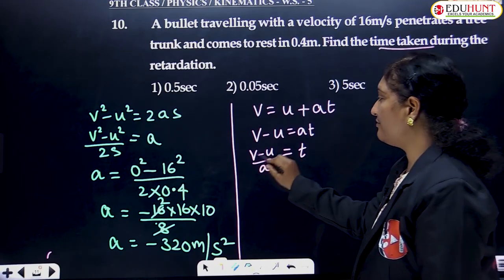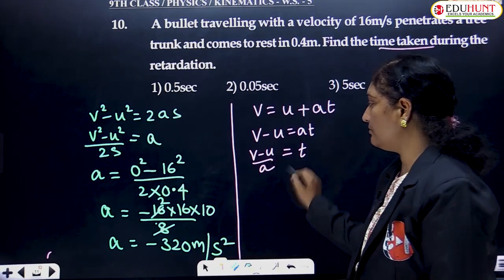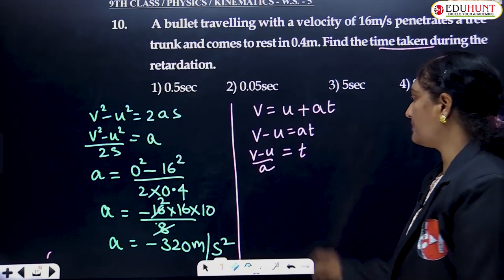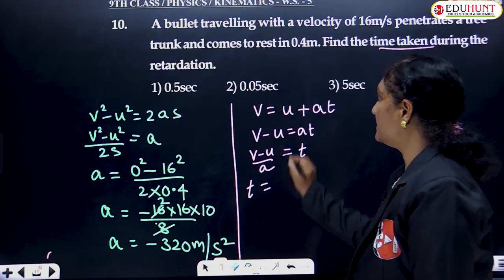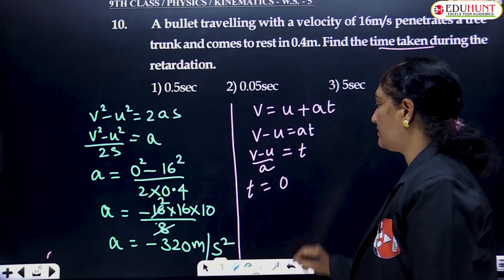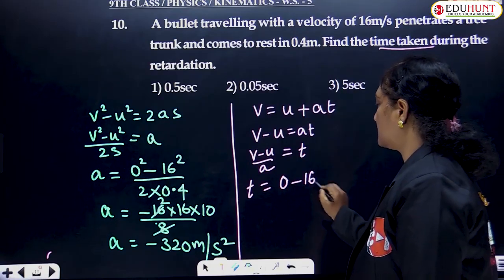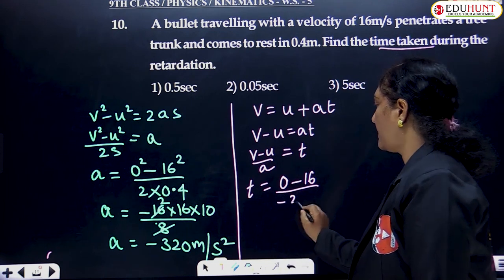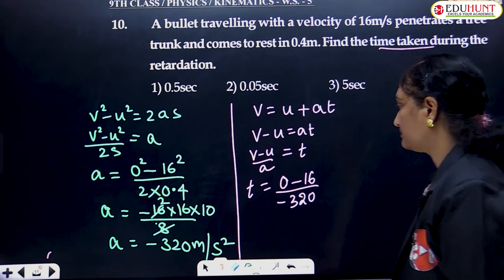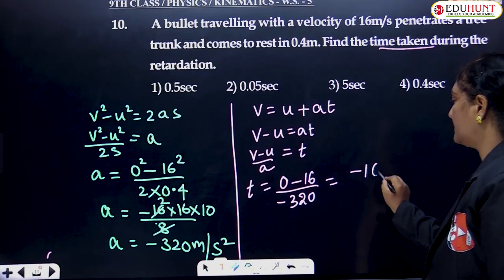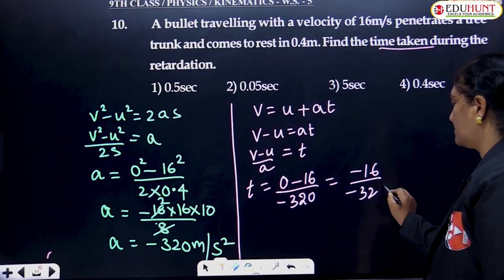You know the value of V, you know the value of U, you also found the value of A. Hence substituting, finally it is brought to rest, so final velocity is 0, initial velocity is 16 and acceleration is minus 320. So this is nothing but minus 16 upon minus 320.